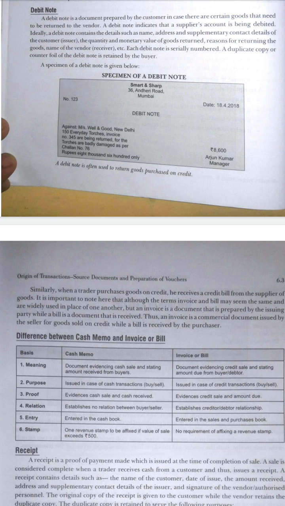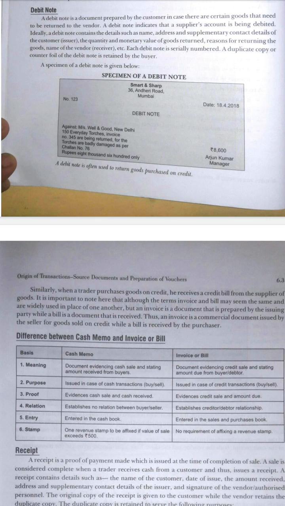So a debit note is often used to return goods purchased on credit. This is the main point. So credit purchases. Who purchased on credit? Smart and Sharp is the customer who purchased the goods from Messrs. Well and Good on credit.